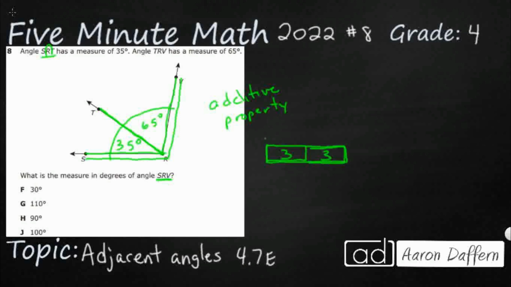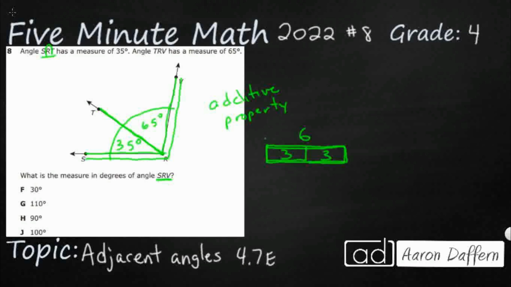Well, you could easily say 3 and 3 makes 6. That's because you've got two shapes that are next to each other. They're not overlapping, and you could just add them together. Same thing works with angles, okay? If you've got two adjacent angles and they're not overlapping, you can just add them together and you get the measure of the larger angle.